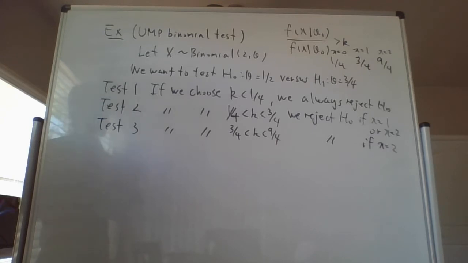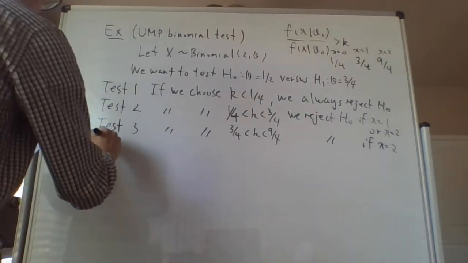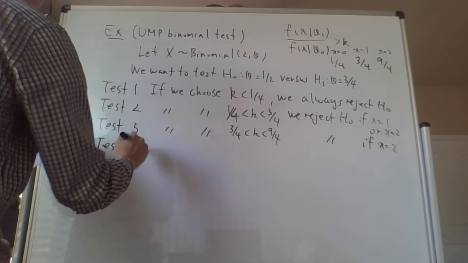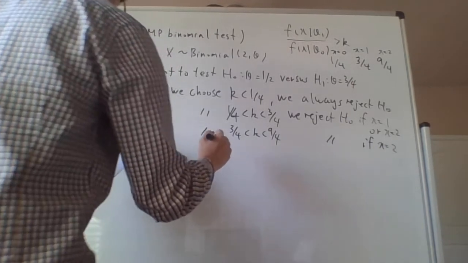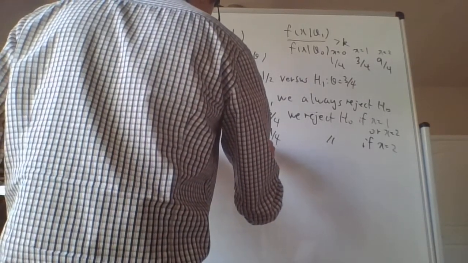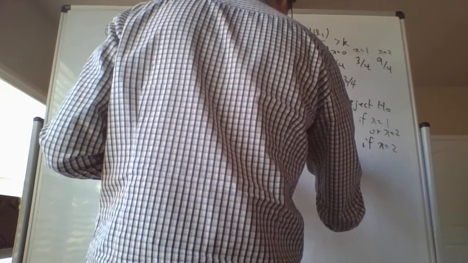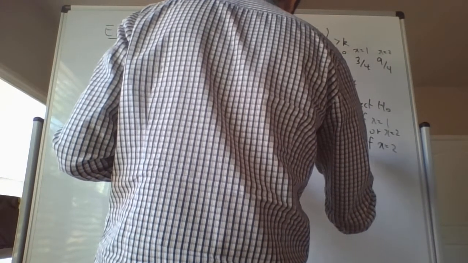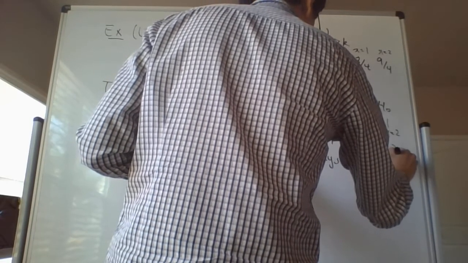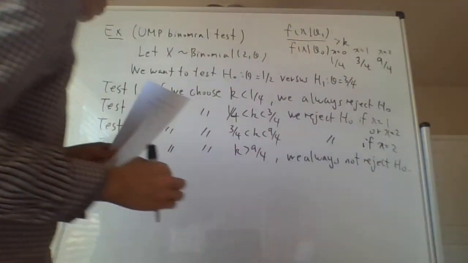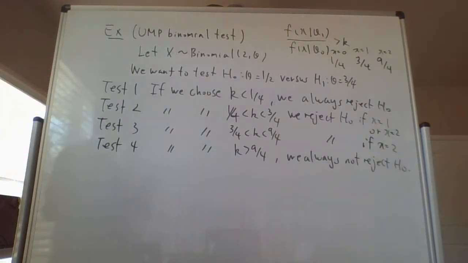So the only case when we reject the null is x equal to 2. And test 4, in case k is greater than 9/4, we never reject H0.